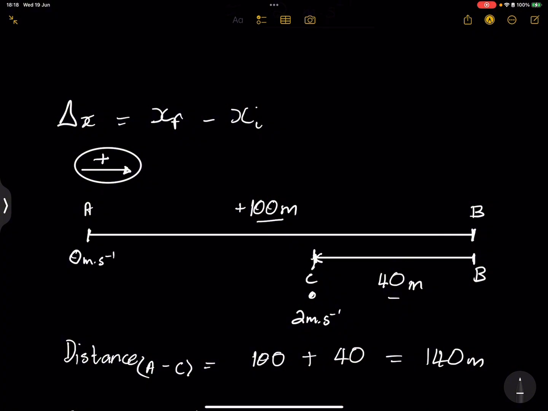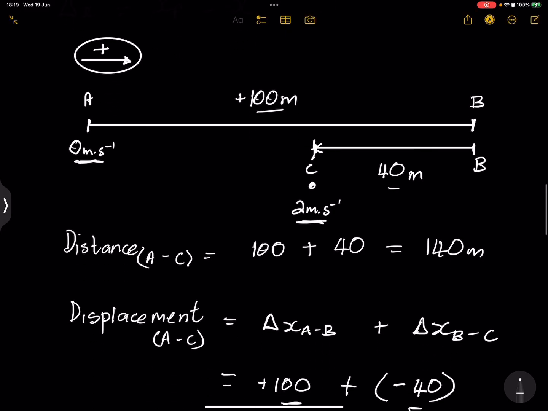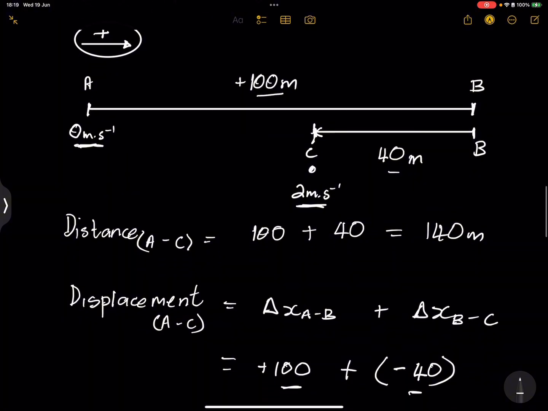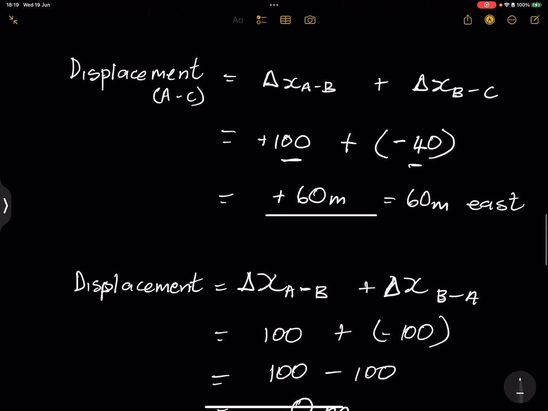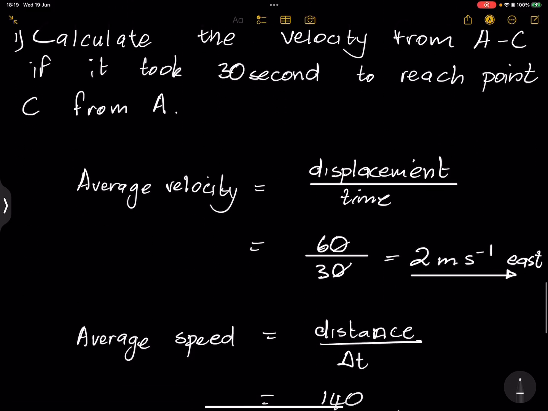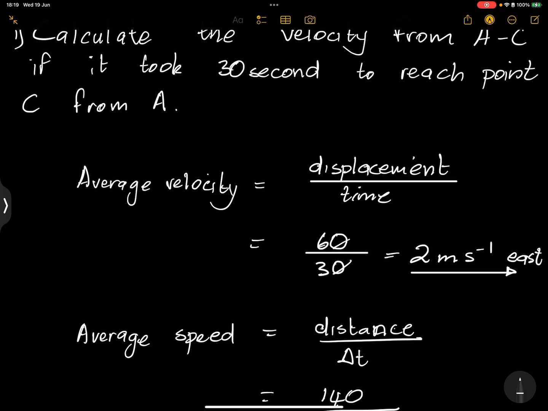Now remember, we had said that we started at 0 meters per second, we got to C at a velocity of 2 meters per second, right? And now what we want to do is to calculate the acceleration, and if you remember, we are assuming that the time that we took was 30 seconds, right?